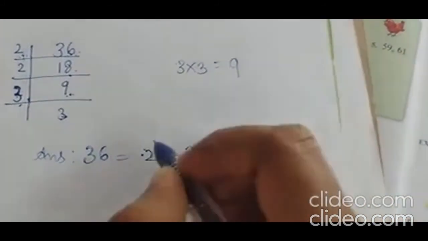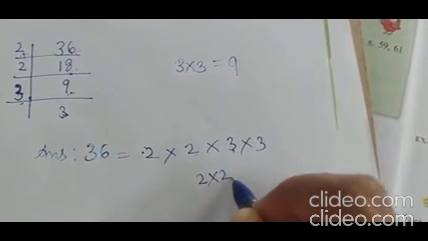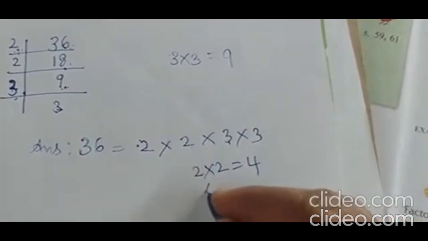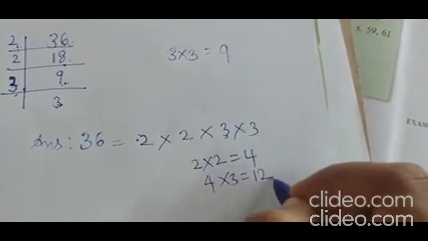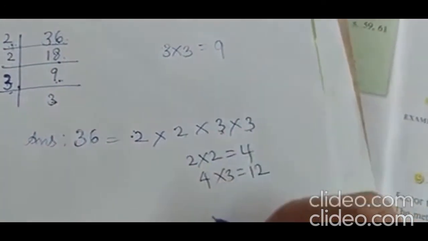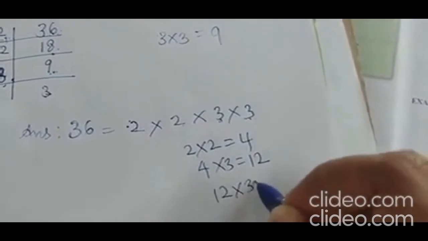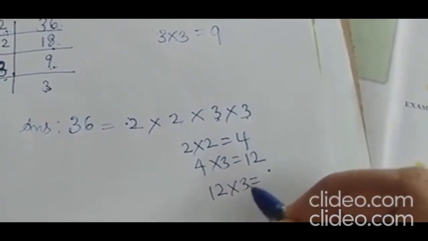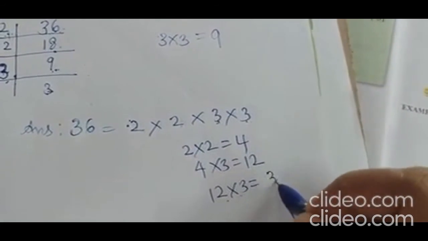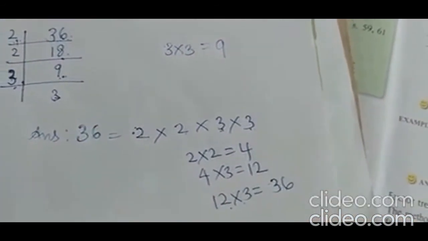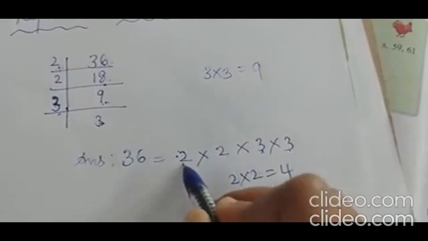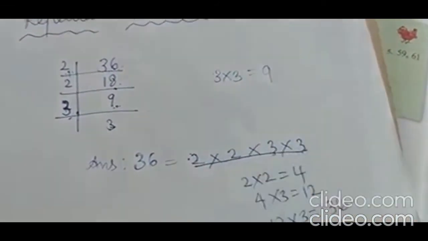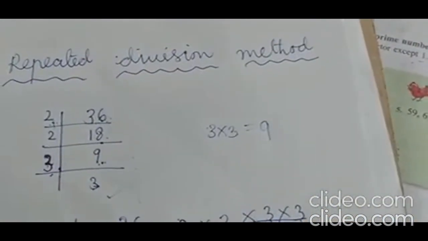For example, 2 into 2, 4, okay, 4 into this number 3, 12, then 12 into 3, how much will come? 3 12s are 36. This is the answer as we divide 36. So the tables that we use, we should write here. Got it? This is the repeated division method.